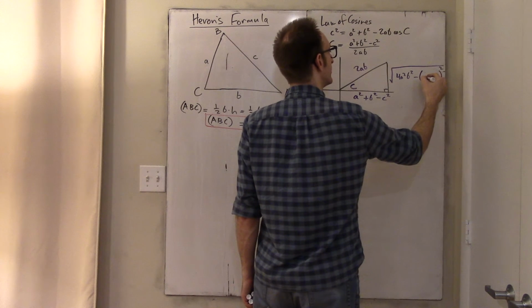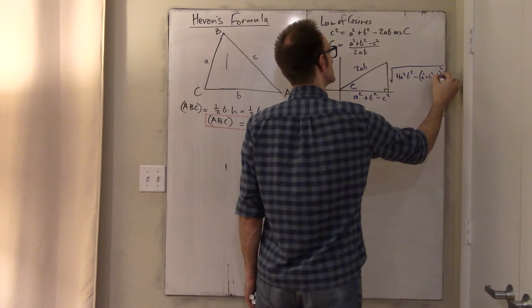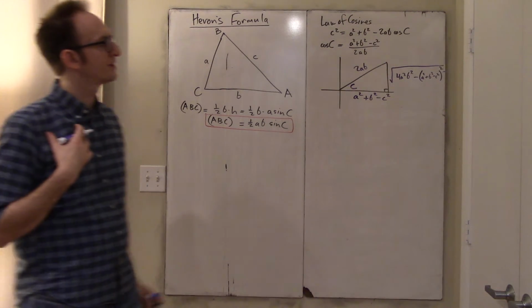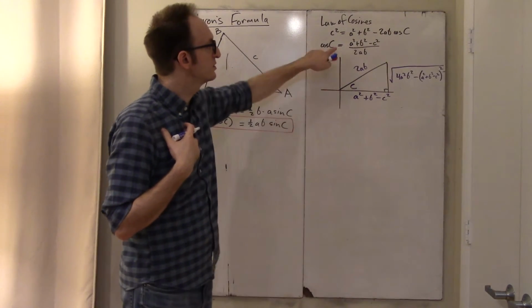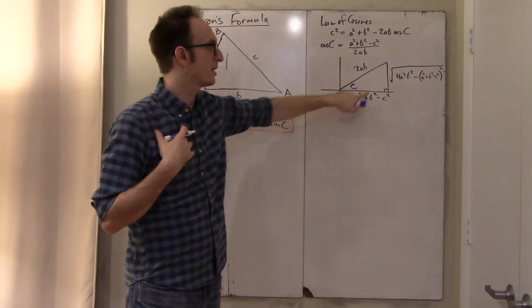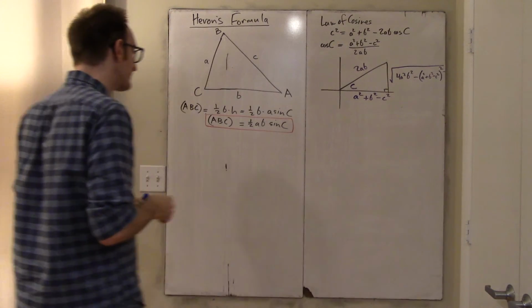I don't even want to write this, but I am. So in other words, I used the fact about the cosine that it's in this ratio, and then the third leg of the triangle is that. Okay, so here we are.